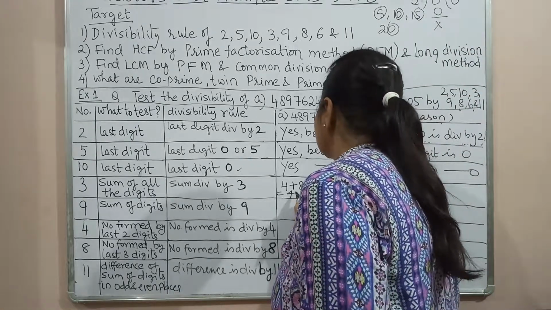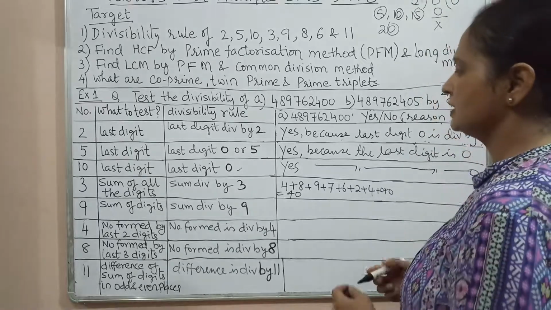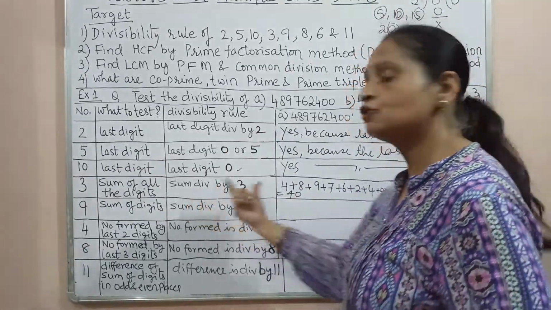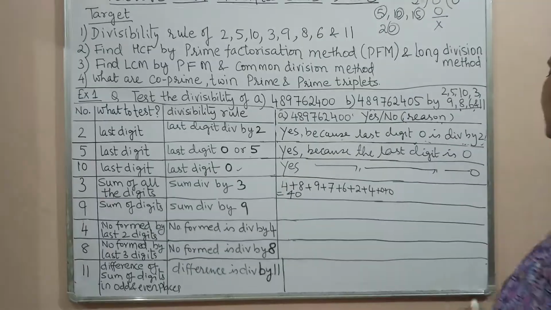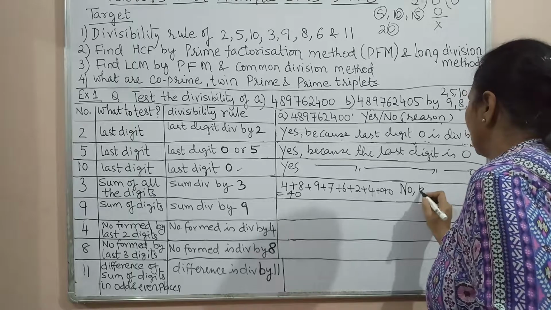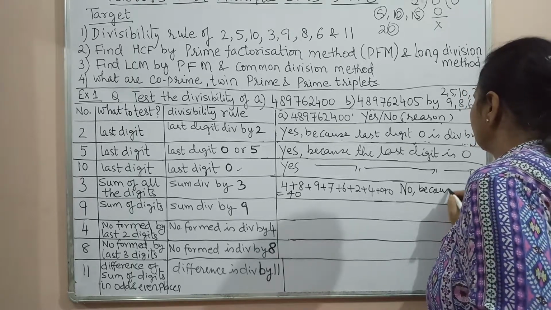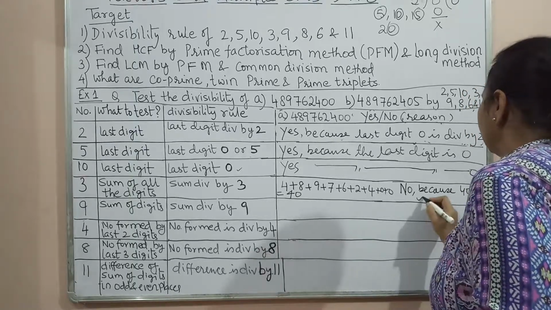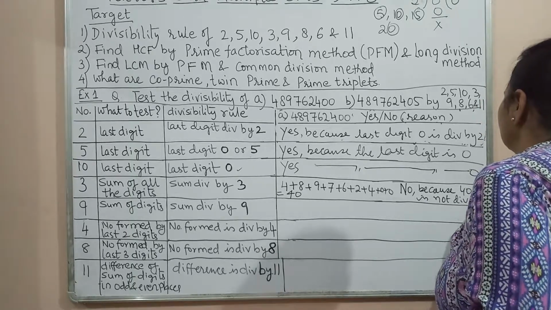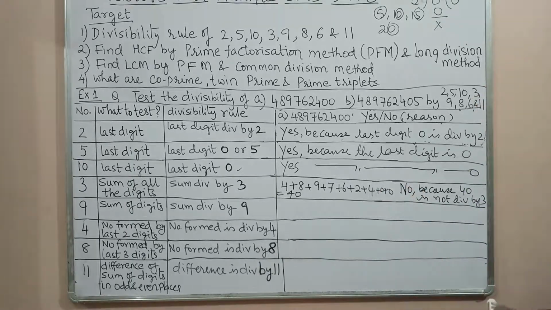That means the sum is 40. Now what is happening? अब हमें क्या करना है? Divisibility rule क्या है? Sum should be divisible by 3. So what is the answer? The answer is no, because 40 is not divisible by 3. Sum of the digits is not divisible by 3.